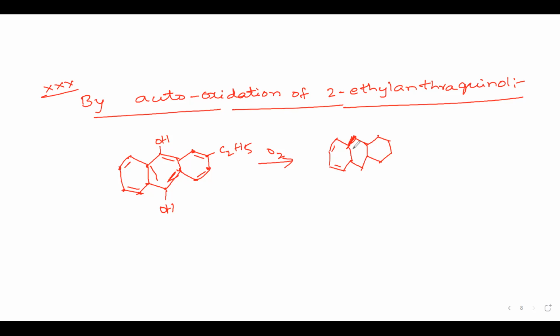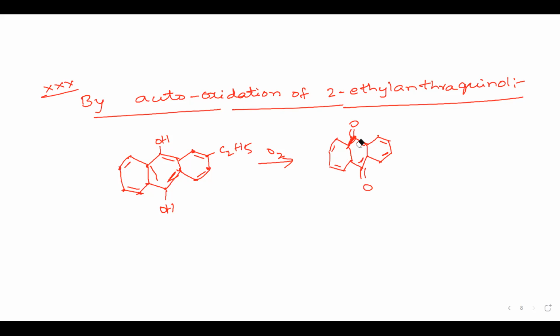So the same double bond positions here, and here the double bonds are the same, and this becomes double bond O, double bond O. Inside, the position of double bonds will change.